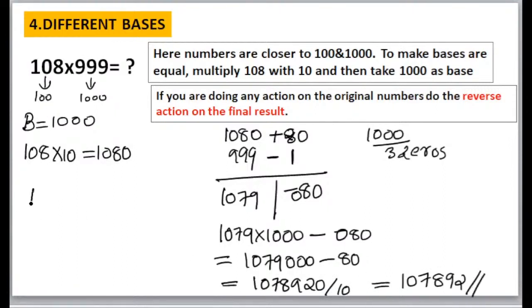Your RHS is 80 into minus 1 and your LHS is 1080 minus 1.